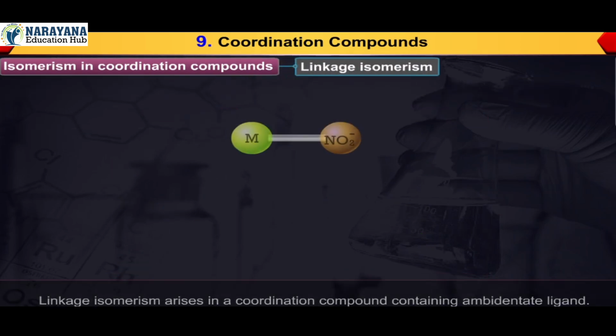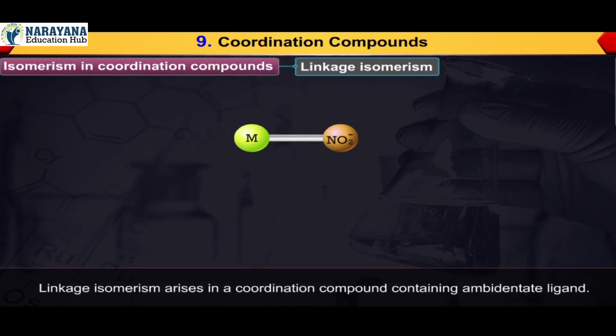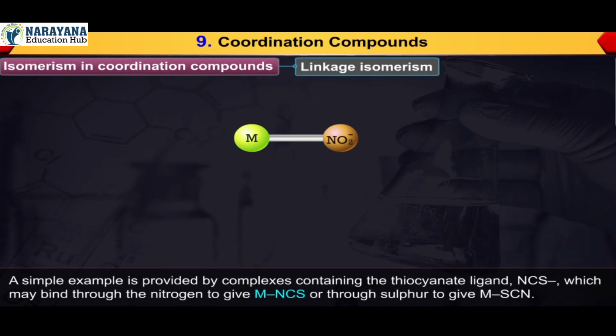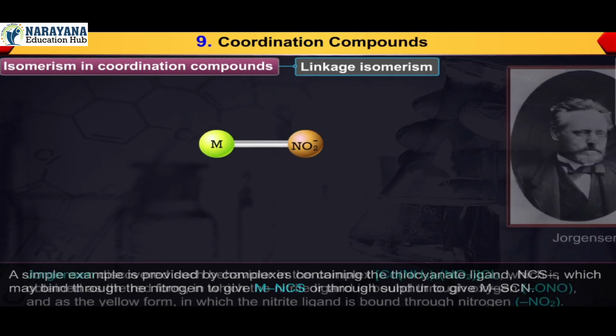Linkage isomerism. Linkage isomerism arises in a coordination compound containing an ambidentate ligand. A simple example is provided by complexes containing the thiocyanate ligand, NCS−, which may bind through the nitrogen to give M–NCS or through sulfur to give M–SCN.